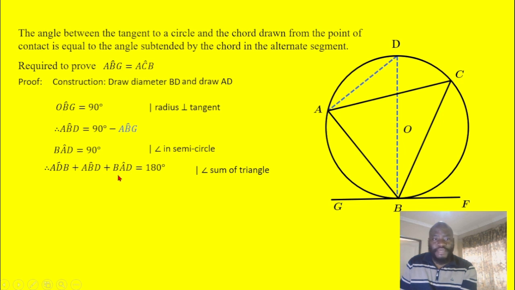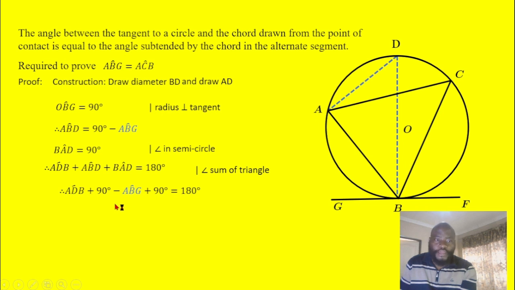Now BAD we have as 90, and ABD we said was 90 minus ABG. So we can substitute them into the equation. So we have ADB as it is, and this one we have substituted for 90 minus ABG, and this one we said is 90.